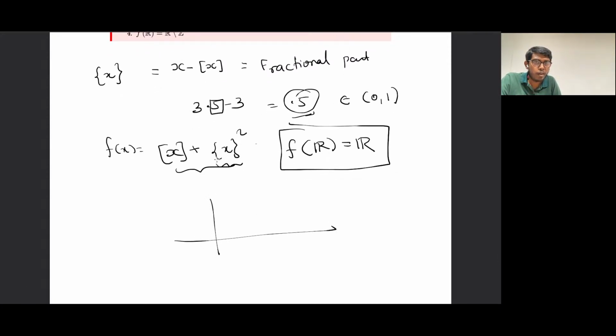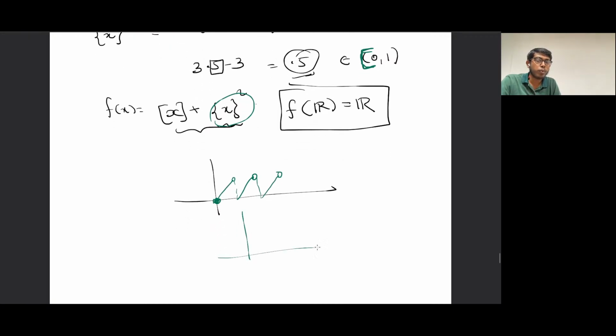If you draw the graph of this, it is closed at 0 and open at 1. And if you take the square of this, it will take the same thing but bend it a little.